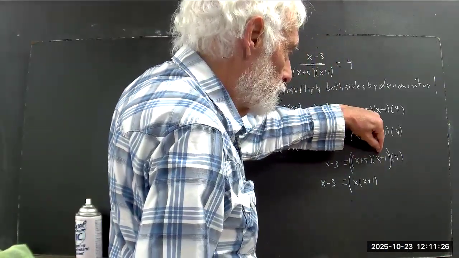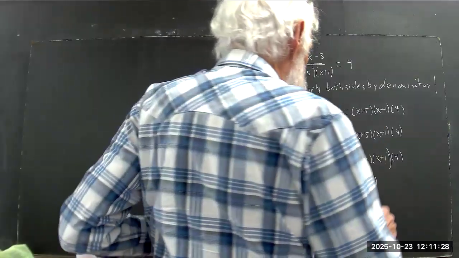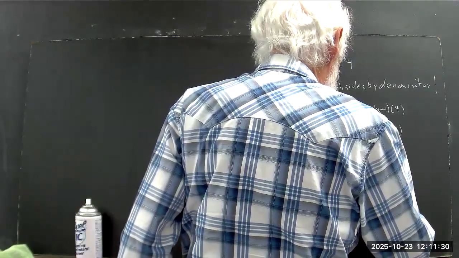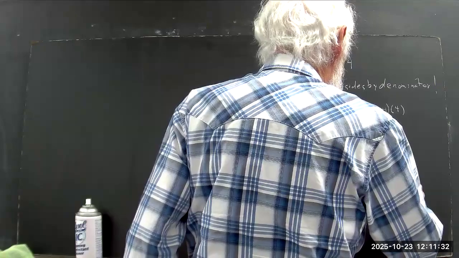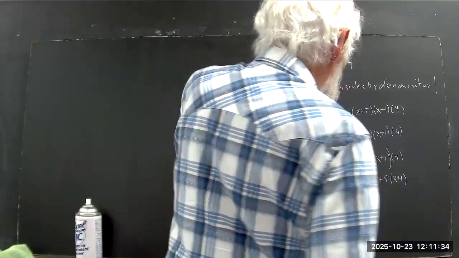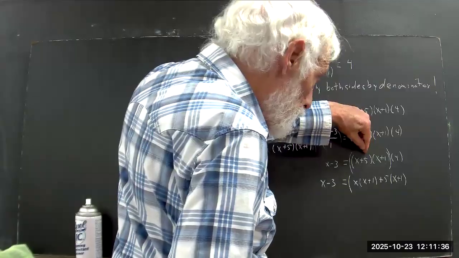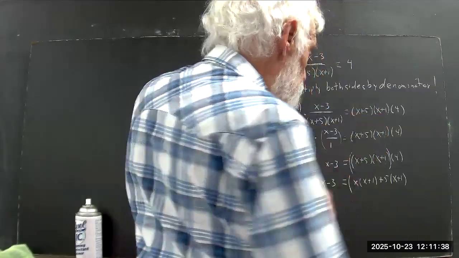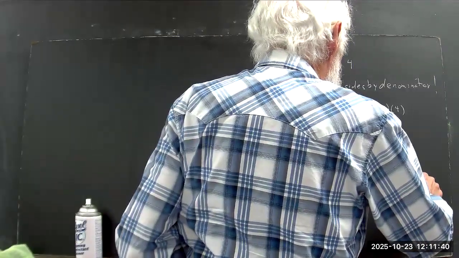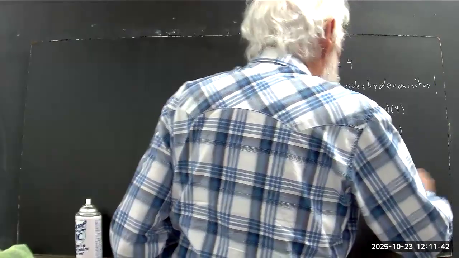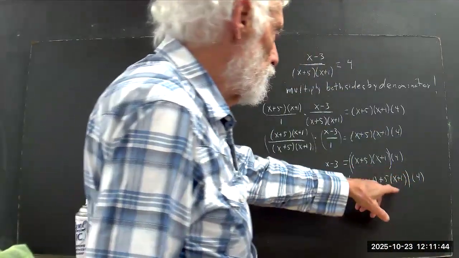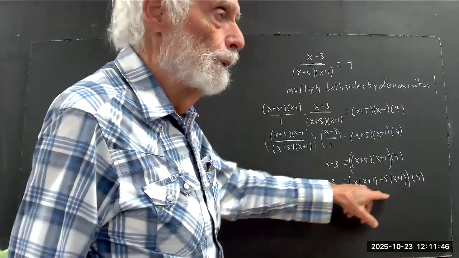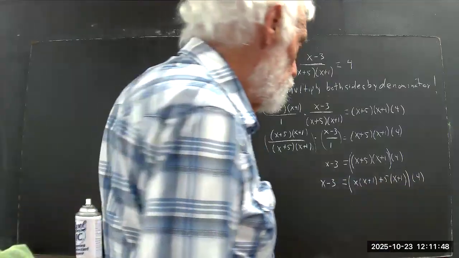So x is going to have to multiply the whole x plus 1. Similarly, 5 is here. So 5 has to multiply the x plus 1. I still have 4 out here. The 4 has nothing to do with expanding this, but once it's expanded, we'll multiply it by 4.